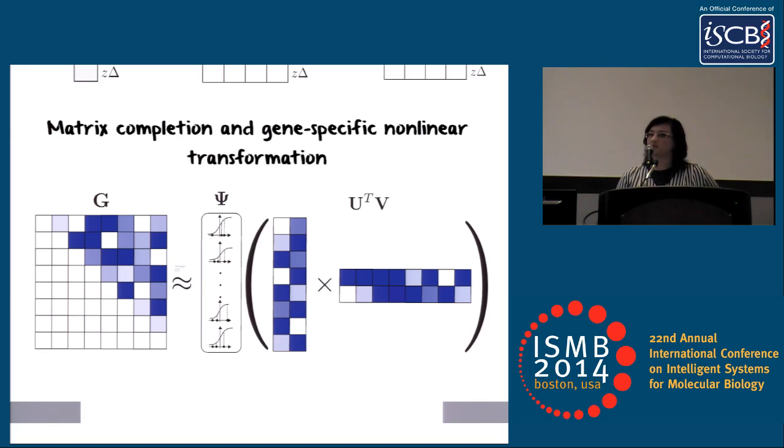We pass the dot product between these 2 matrices, which contain the latent feature profiles of our genes, through a parameterized logistic function, for which we learn the parameters during our inference procedure. Overall, our aim is to reconstruct the double mutant phenotype matrix as well as possible.